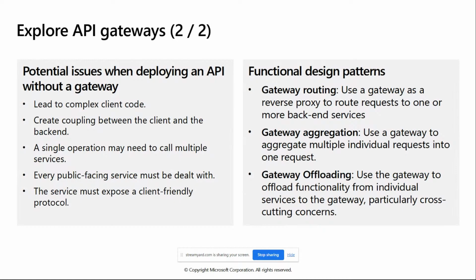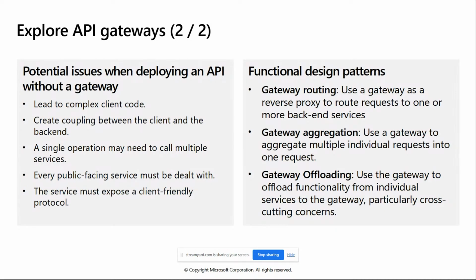We will also have an operation that may need to call multiple services. What happens when we put in the gateway is that multiple services are not being called. Based on the authentication and the description that you have given for the gateway, it would take the action and proceed with it.